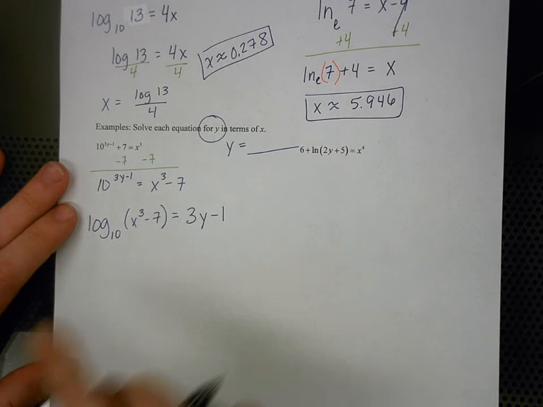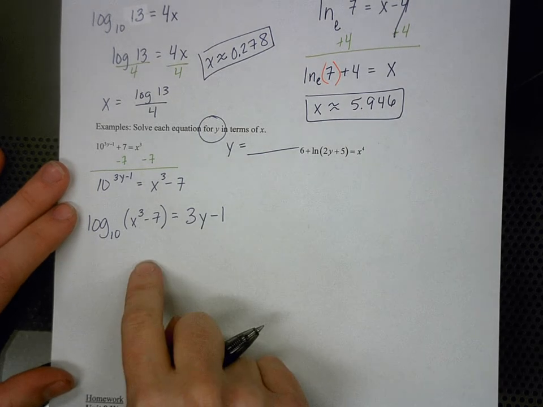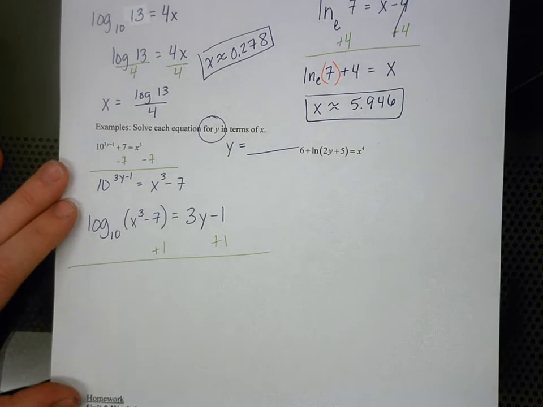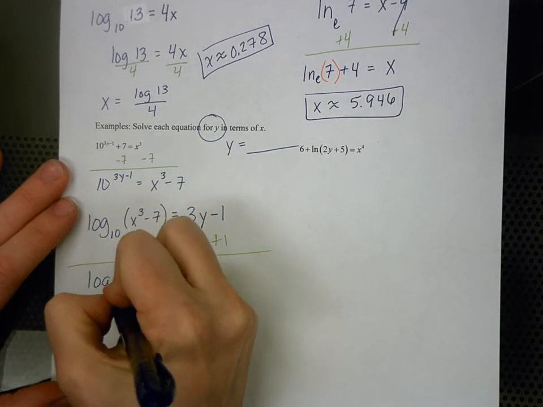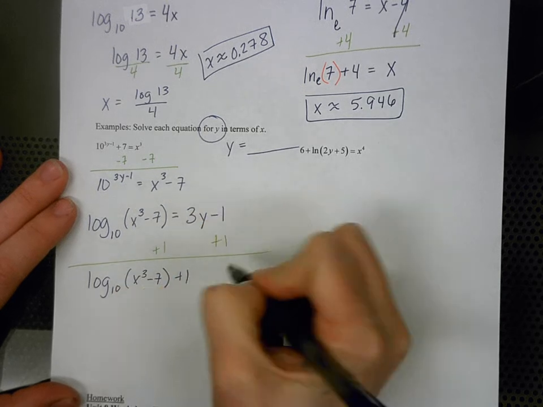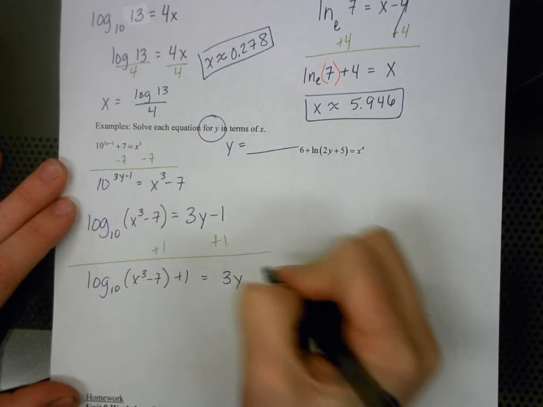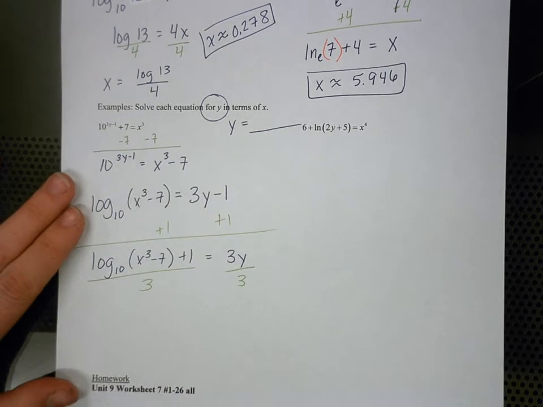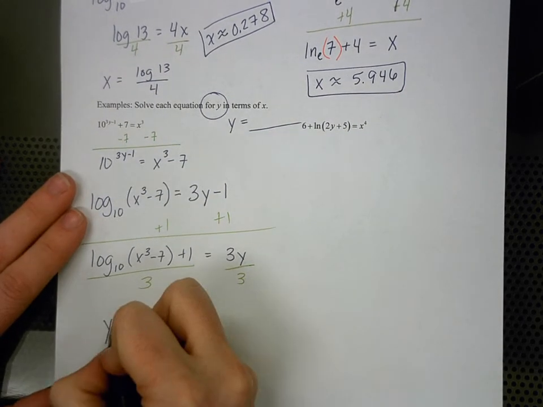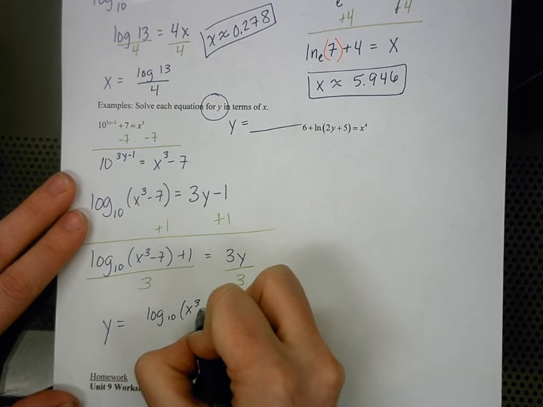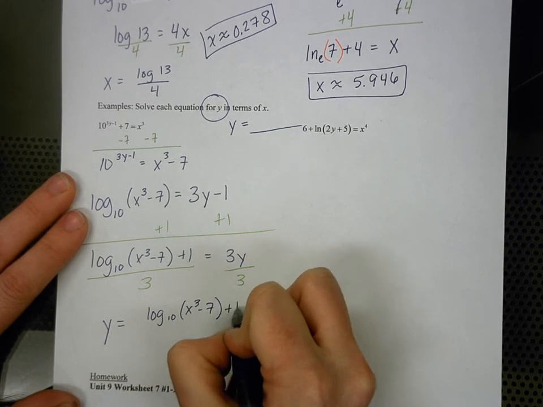Still solving for y. We're going to add 1 to the other side. That does not go inside those parentheses, so log base 10 of x cubed minus 7, parentheses, plus 1, equals 3y. So now all we have to do to solve for y is divide by 3. Log base 10 of x cubed minus 7 plus 1 all over 3.